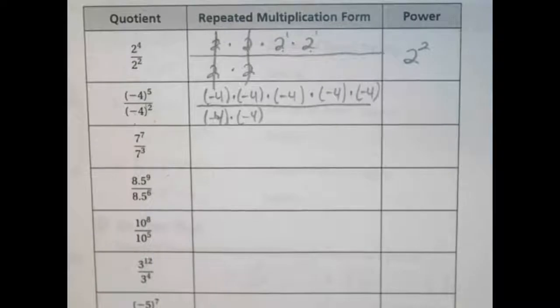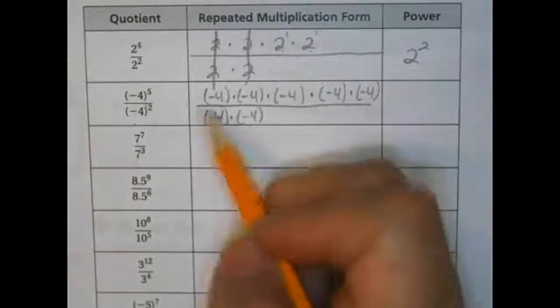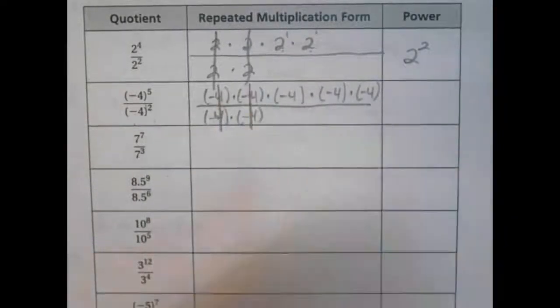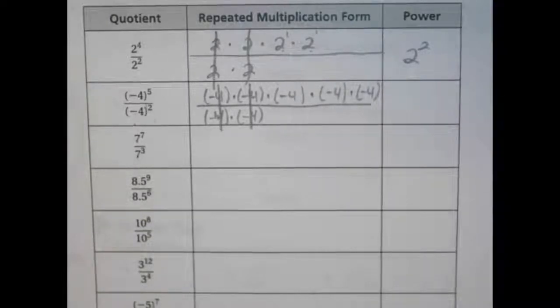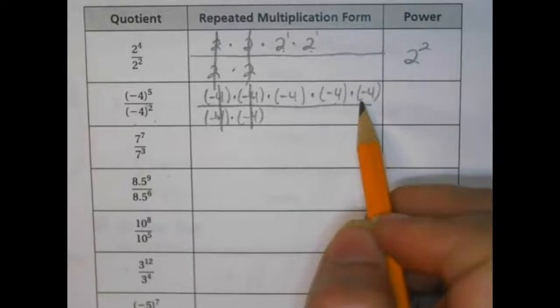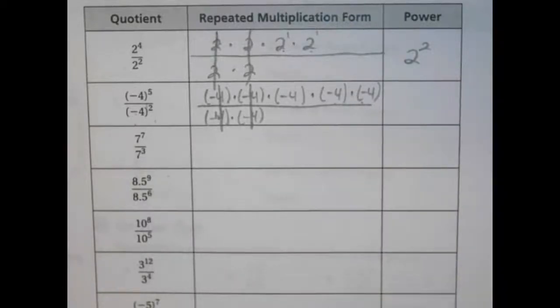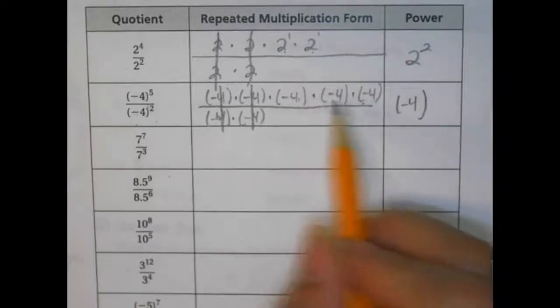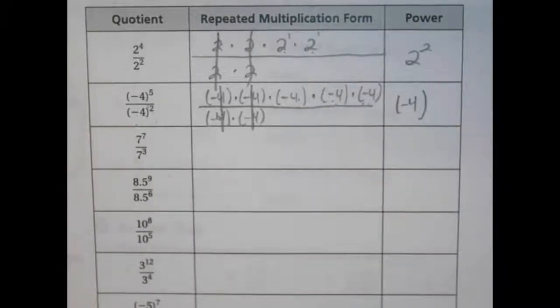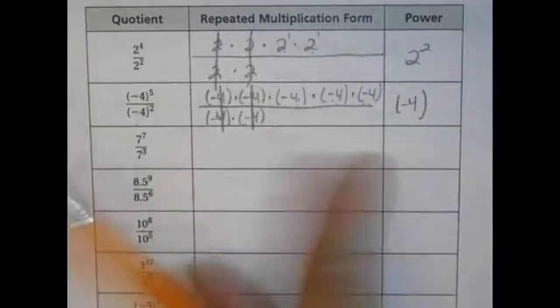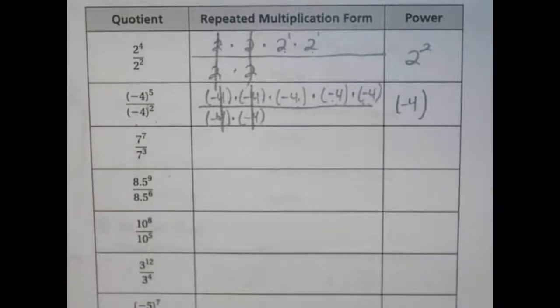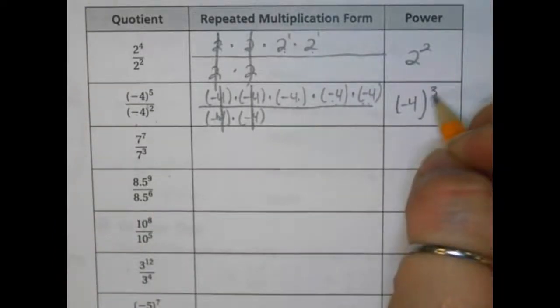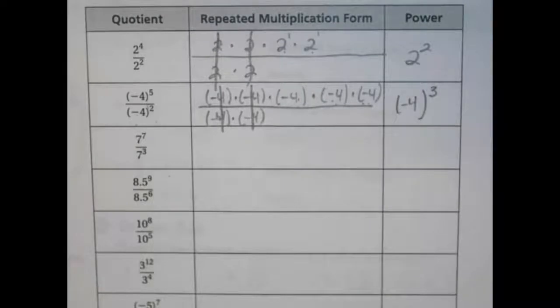Then I'm going to eliminate these 2 pairs, because that becomes 1 if I'm dividing. I'm left with my same base, negative 4, and how many of them am I left with? 3. There's nothing in my denominator, so it's just negative 4 to the 3rd power. Easy peasy lemon squeezy.